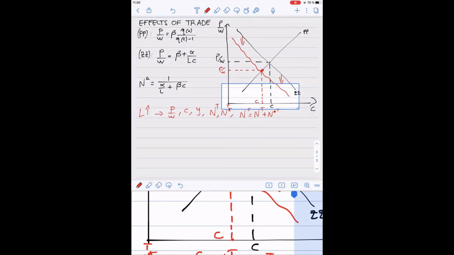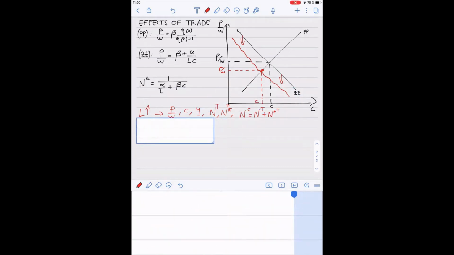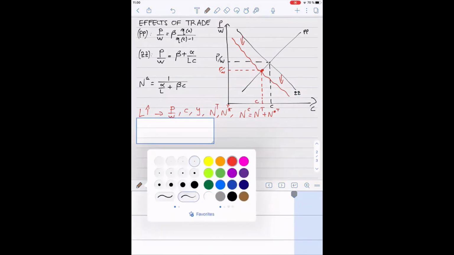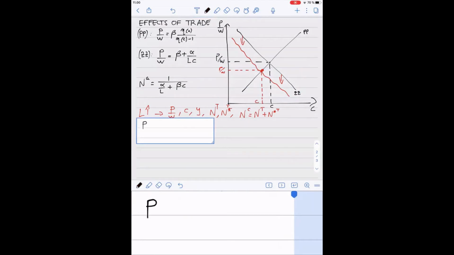Okay, so what do we have? Well, we have that, let me write it here again, P over W declines. Right? This is also often referred to as a pro-competitive effect of trade.